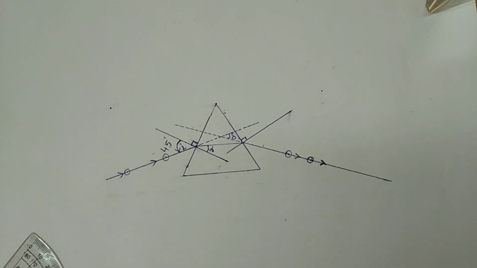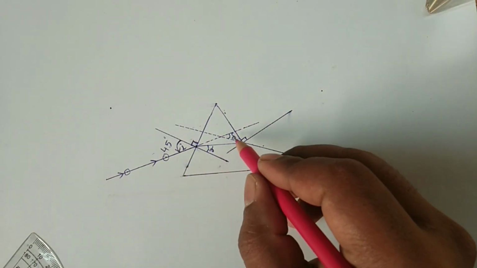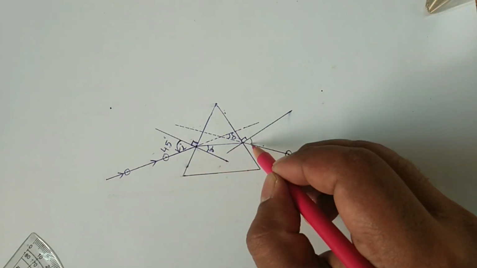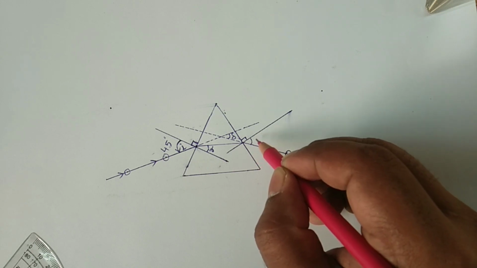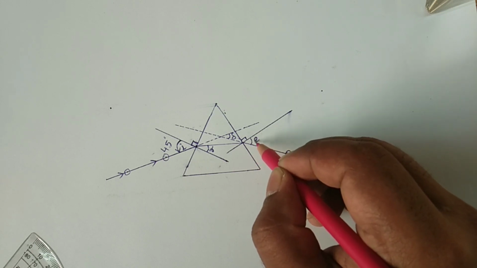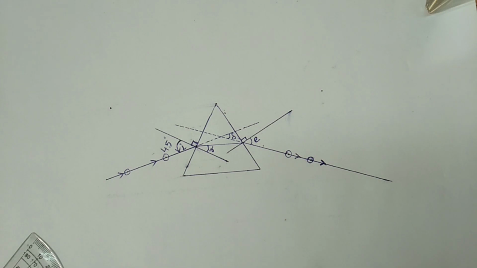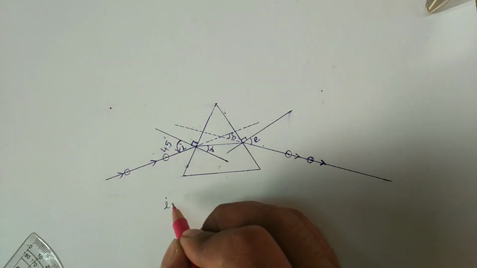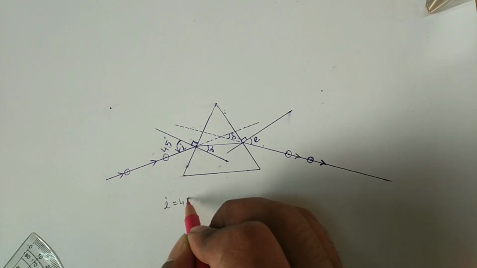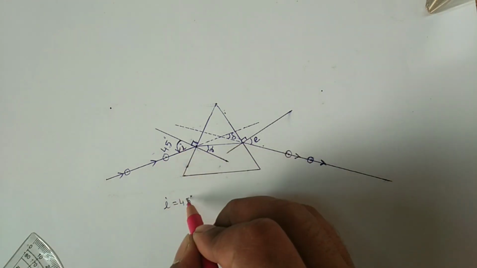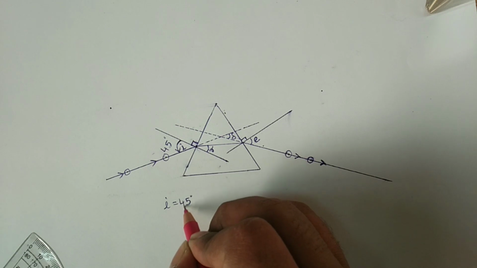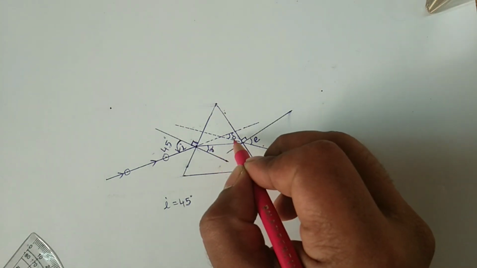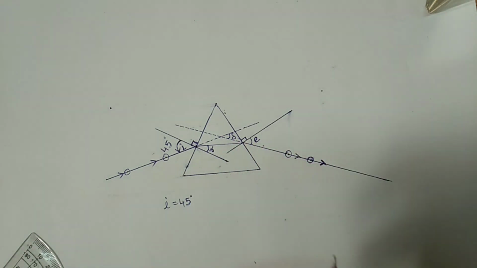Students, here I is there, R is there, delta is there, E is there. This is E, students. Let us measure. I is how much? It is 45 degrees, students. Now what about R, delta, and E? Let us measure.